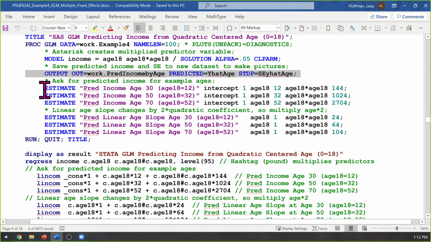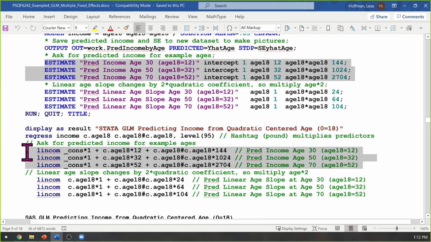But these estimate statements right here in SAS and these lincom statements in Stata are doing the same thing. Those are generating predicted outcomes for the specific ages that I requested.